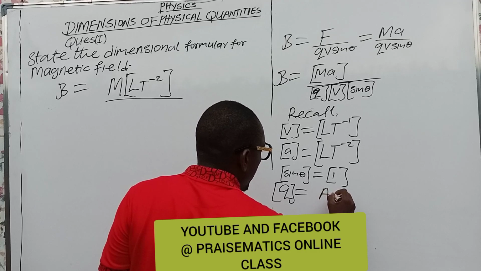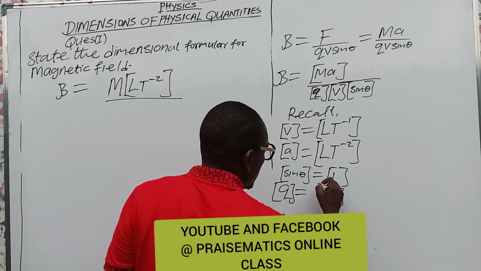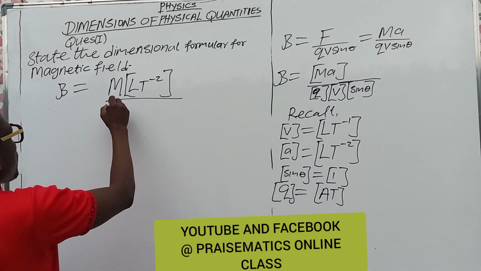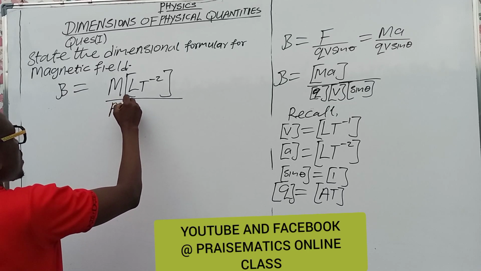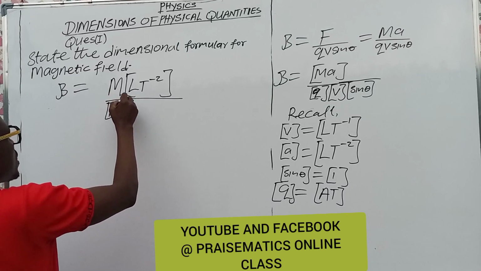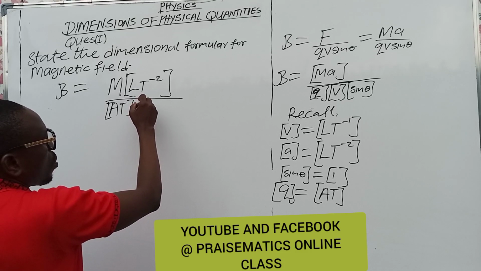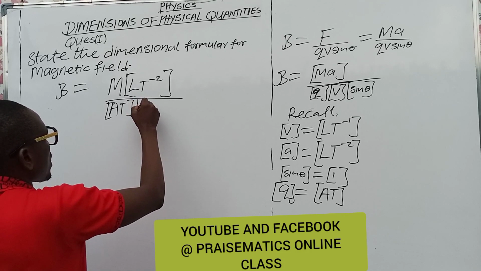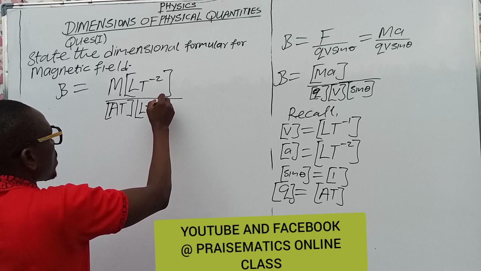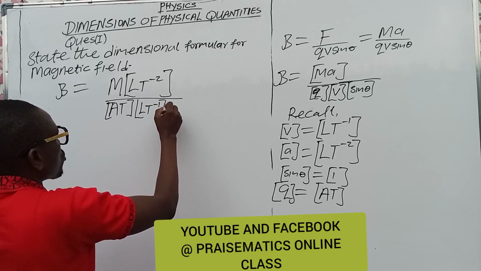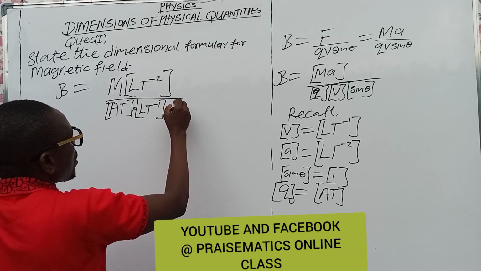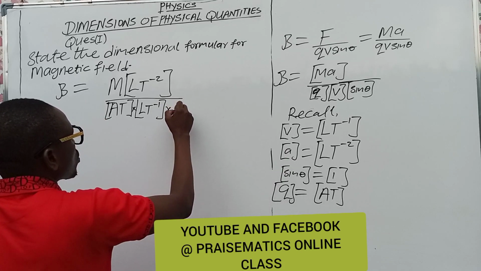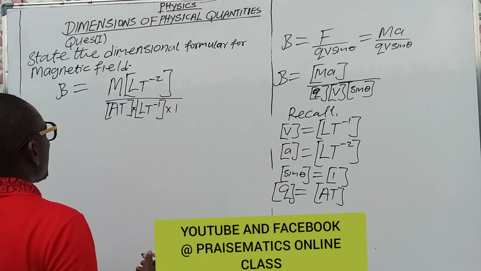IT, which is AT. So now what do we have? Dimension of AT, multiplied by dimension of velocity, which is LT minus 1, multiplied by dimension of sine theta, which is 1. Okay, it is dimensionless.